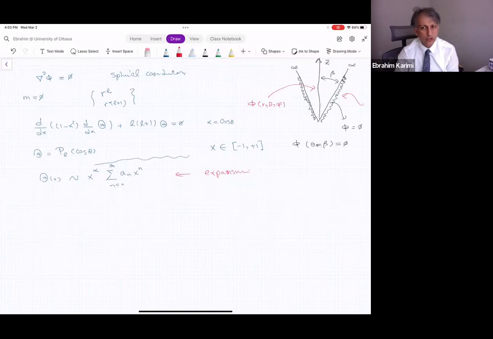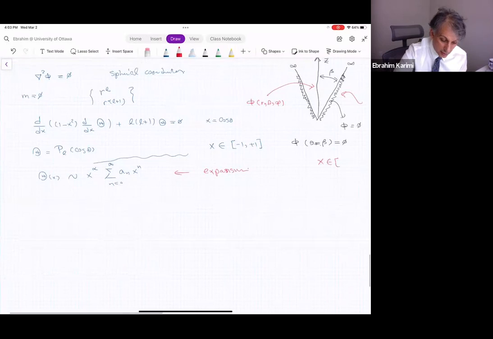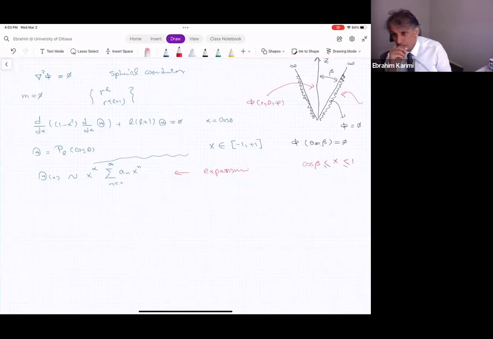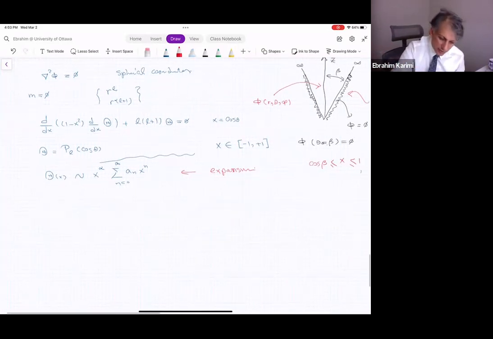No, we don't have access to x equal to 0, because x now is bounded by 1 and cosine of beta, because the opening angle is beta, and beta is below pi divided by 2. Okay, so that is our space.